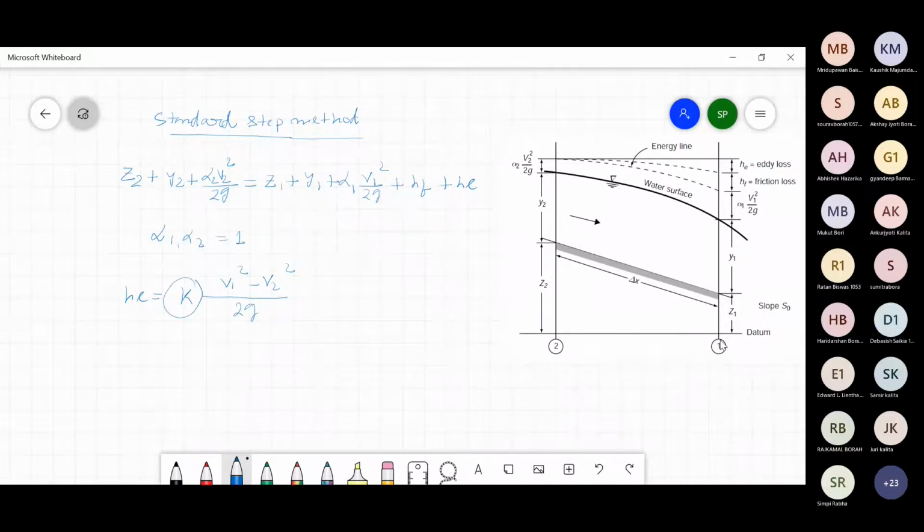This constant K is equal to 0.1 to 0.3 when the channel is contracting, that is, when contraction occurs.